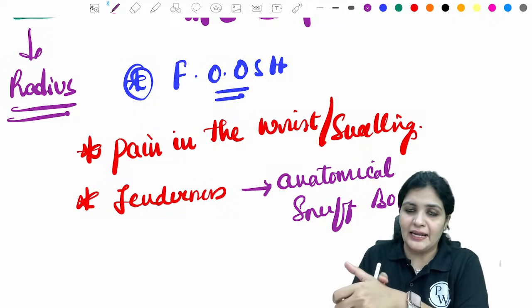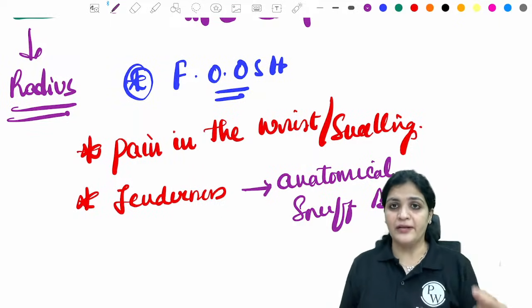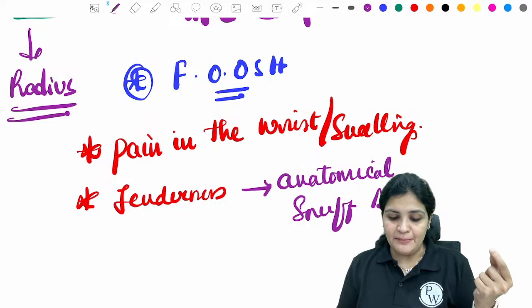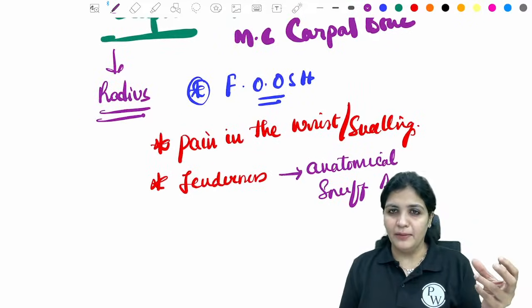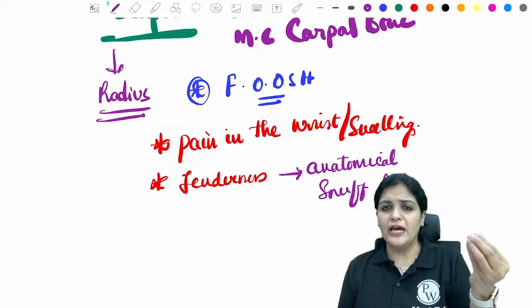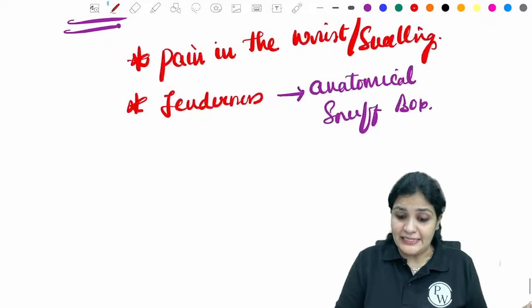If you press in the anatomical snuff box, you will have tenderness. This is one of the most important signs which you can elicit in case of scaphoid fractures. Sometimes the scaphoid fractures are very minimal, the deformity or disability is minimal, so they are usually missed. That is where you have to be very careful in examining and asking the history.